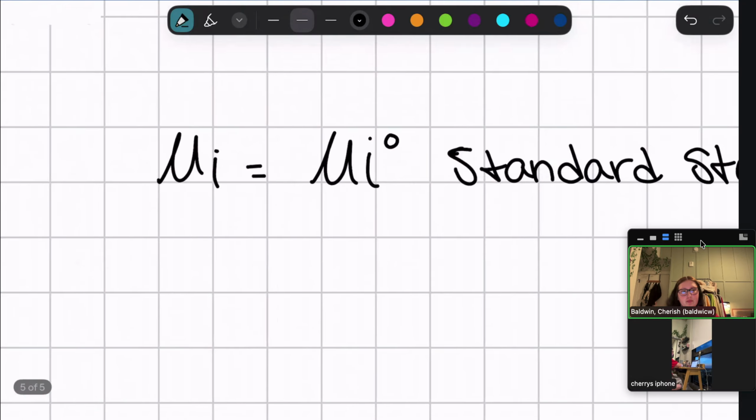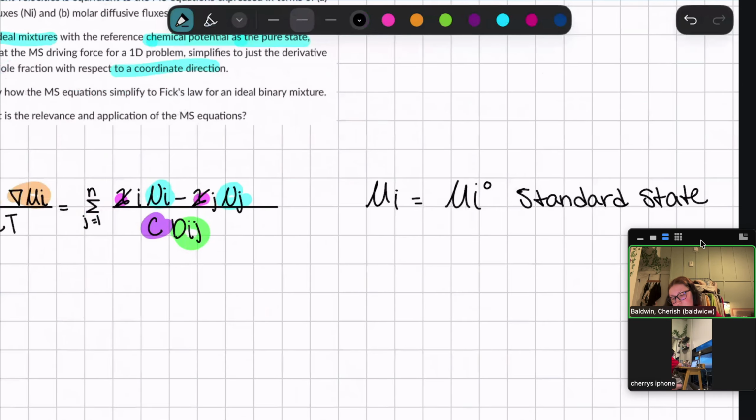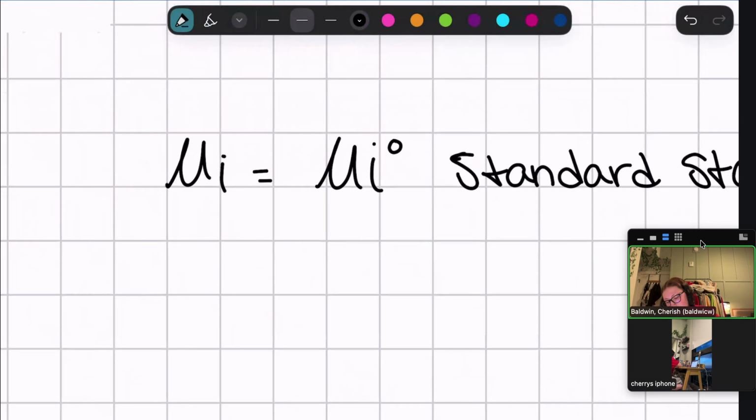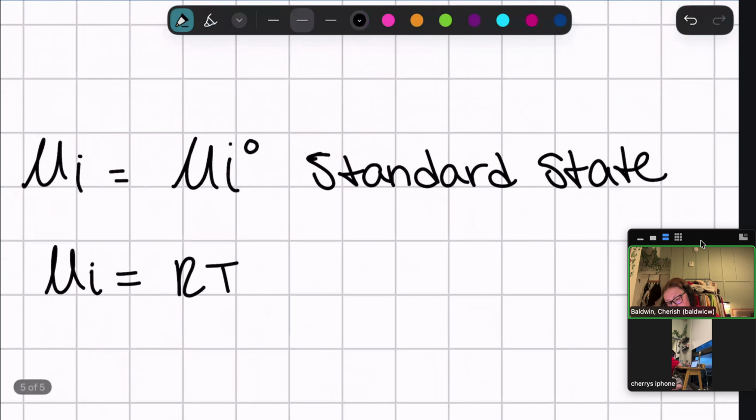So to change this, the chemical potential at standard state, to get rid of that, we have to set this equal to RT times the natural log of the mole fraction.